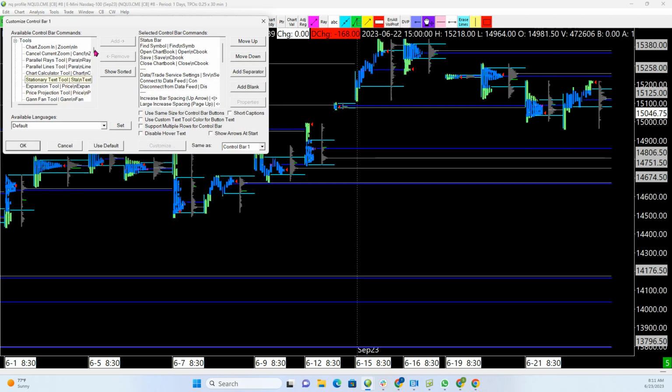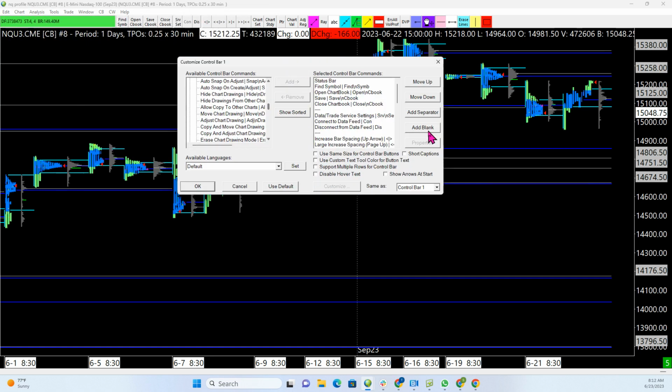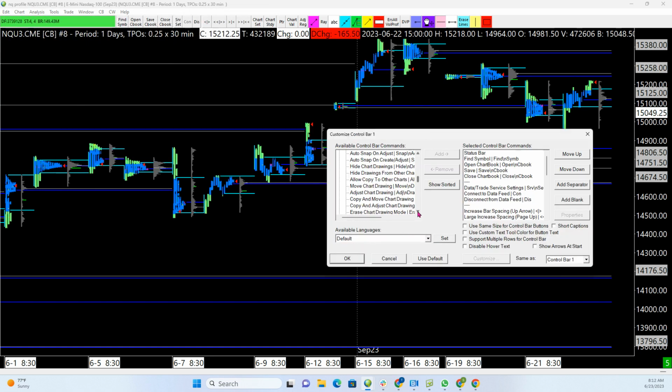Tools. There's got to be an extending rectangle in here. Oh, it's going to be up here then.